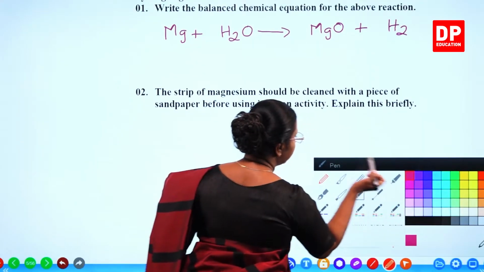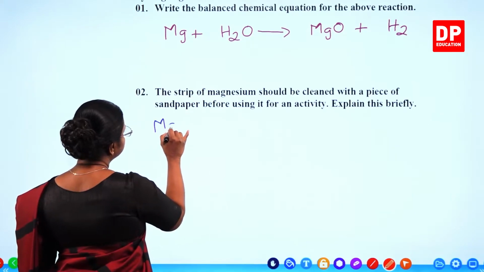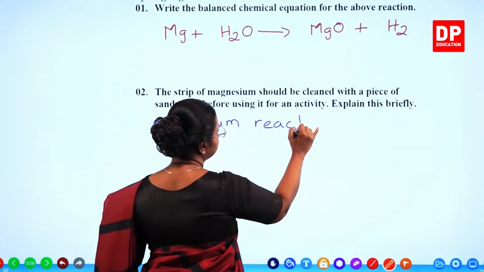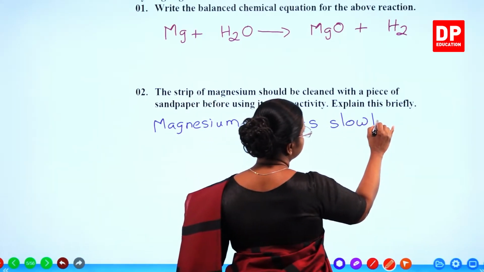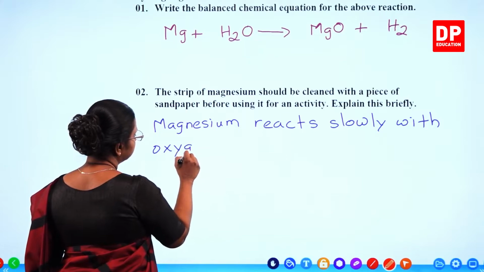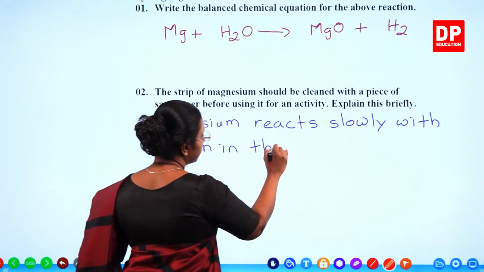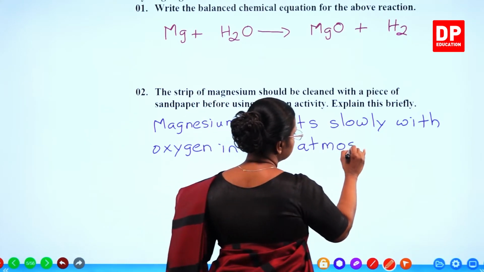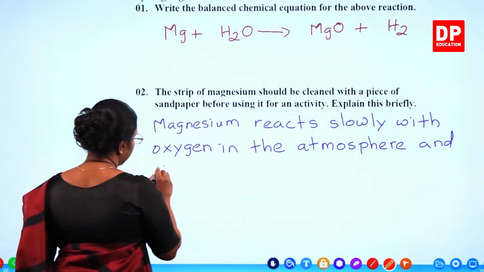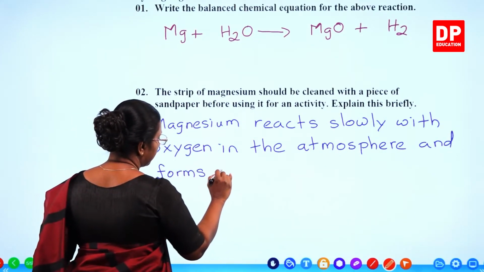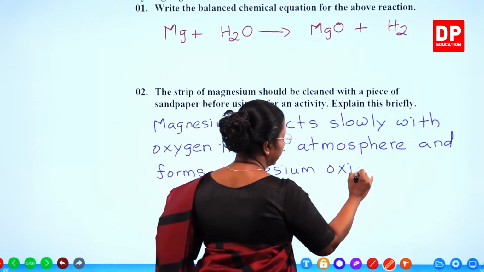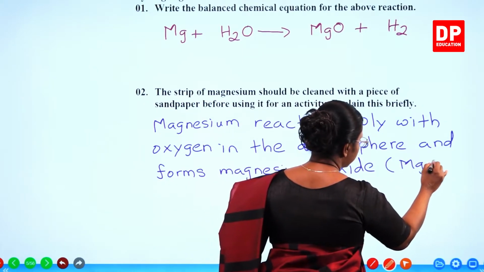So, here we can say magnesium reacts slowly with oxygen in the atmosphere and forms magnesium oxide. Magnesium oxide, that is MgO.